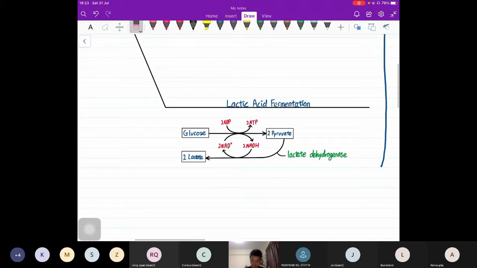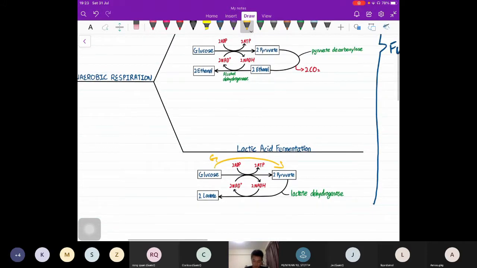Okay, so let's talk about lactic acid fermentation. Lactic acid fermentation occurs in mammalian animal tissue. Glucose becomes pyruvate, same story here, because of glycolysis. After you form your pyruvate, the difference here is that you get lactate. Lactate is not like ethanol.